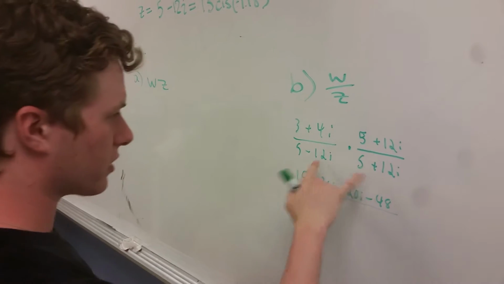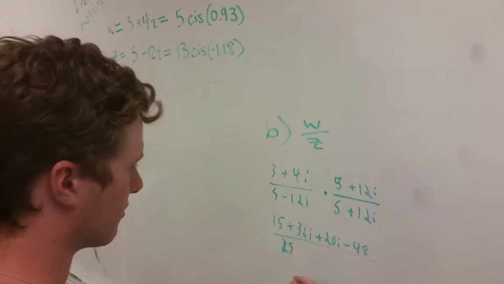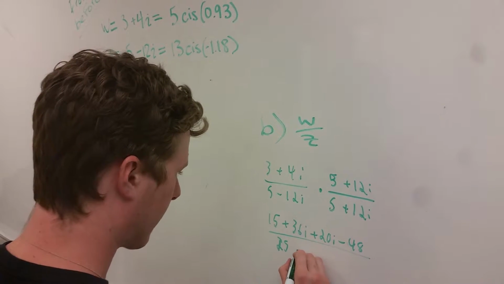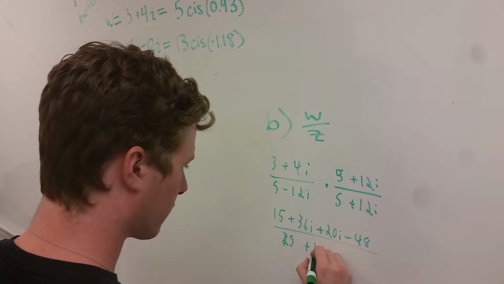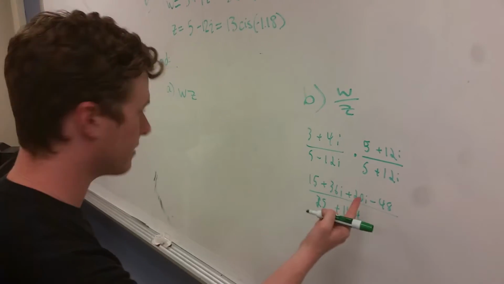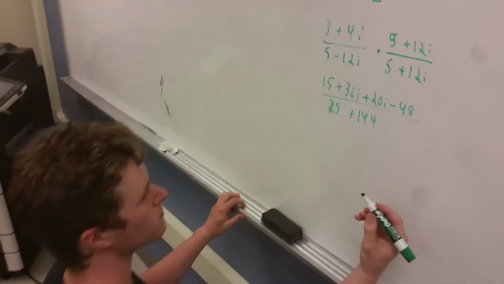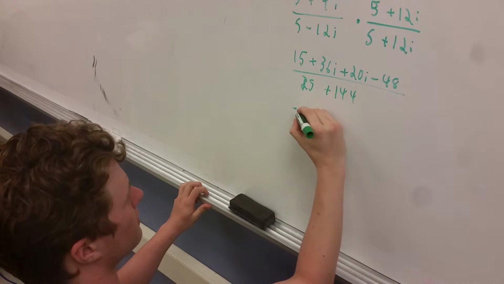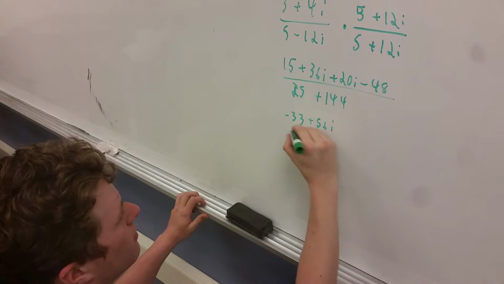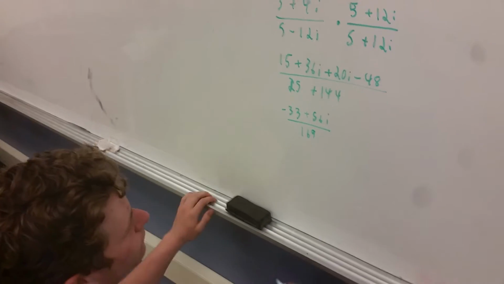And all over, do the first one, and then the outside and the inside will cancel out since they're conjugates, and then just have a solid, nice little plus 144. Now just simplify this down, and the same thing at the top as we did with the WZ, adding the real and imaginary components together. And you get the lovely number, negative 33 plus 56i all over 169. And that's basically it.